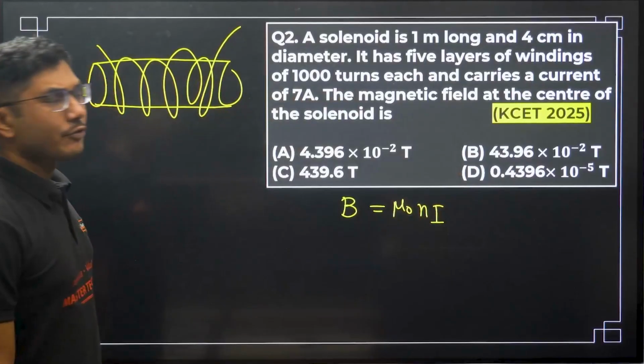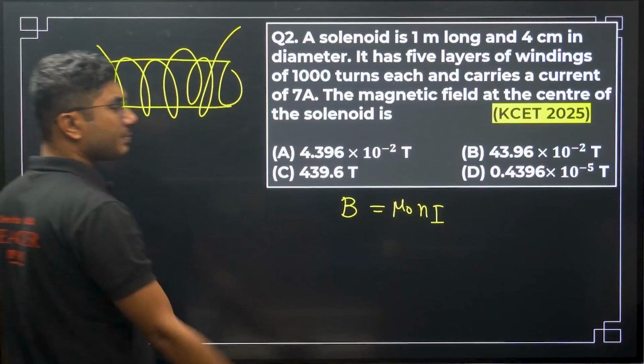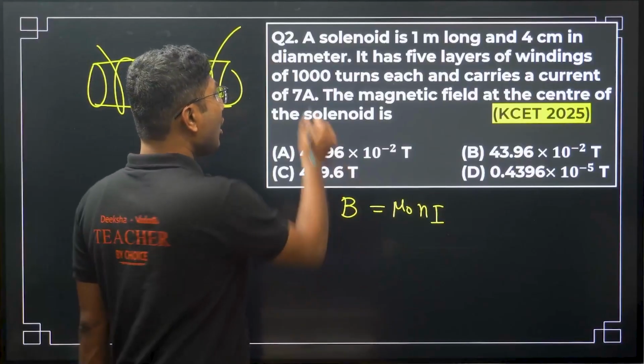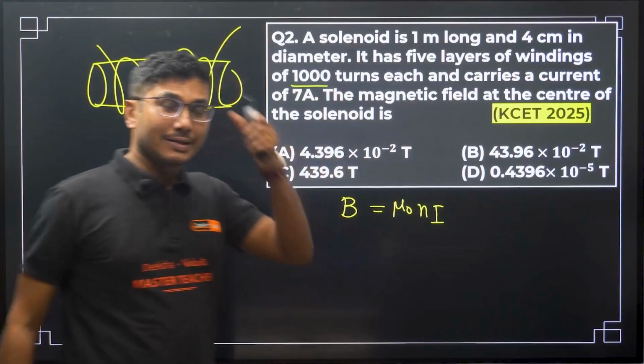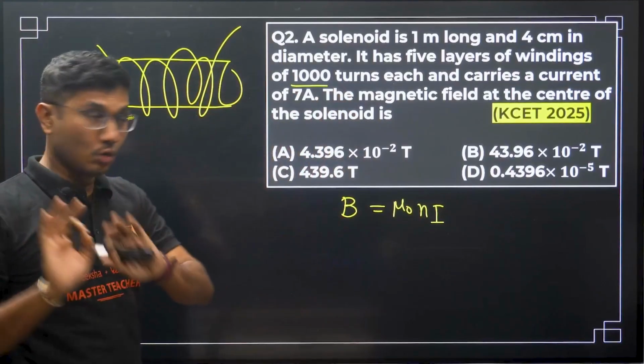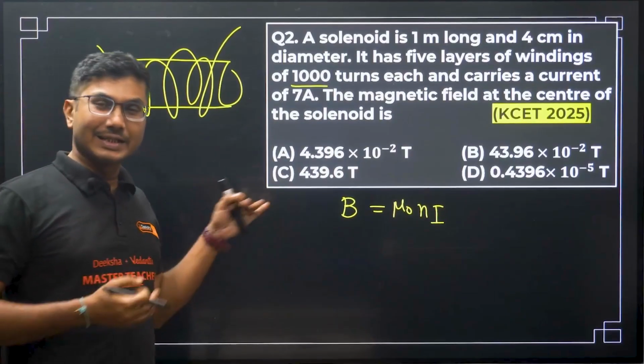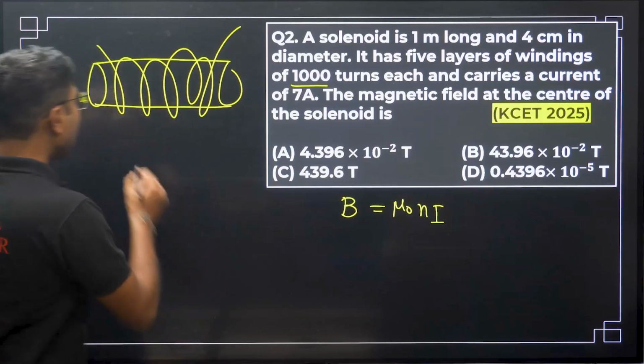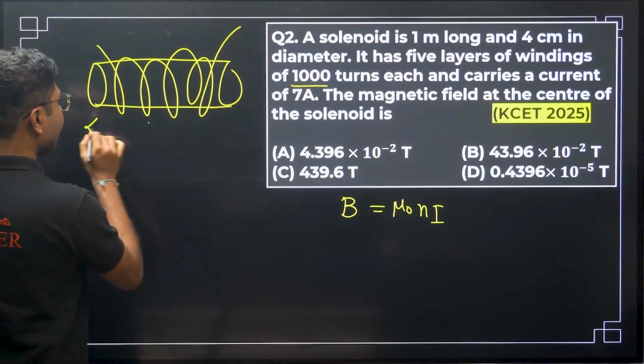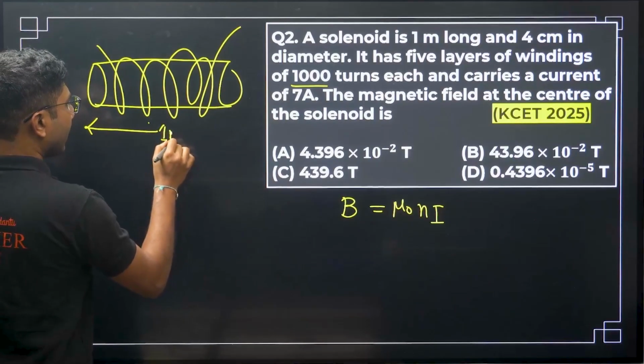Now here we have to find the number of turns per unit length. You might think that okay, number of turns per unit length is 1000 in this case. Actually no, be a little more patient and read the question twice if required. The length is given as 1 meter, which is very good, so we don't need to convert it.